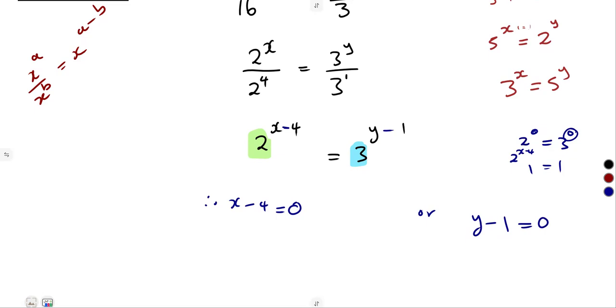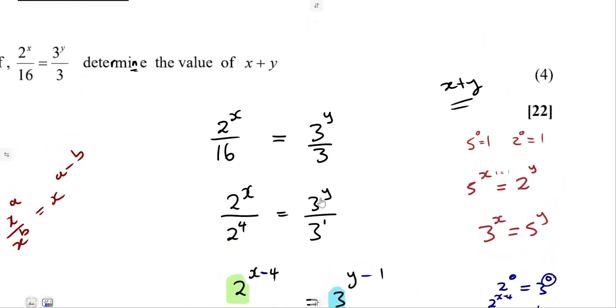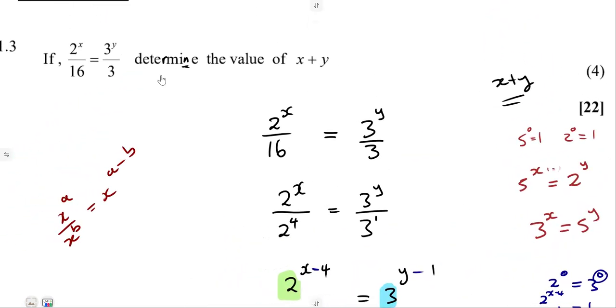So in this case, you are going to solve for x and y. That is the condition. So x is equal to what? The minus 4 goes to the other side, so that's going to be a positive 4. And in our case, y is equal to what? A positive 1. These are the values of x and y, but not what we are asked for here. The question is not to find x. It is to determine the value of x plus y, the sum.